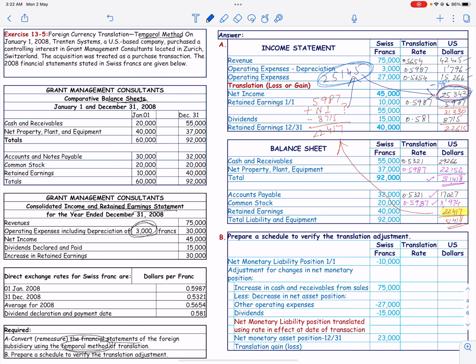So this is a loss, and this will be subtracted, and when we subtract this value, our retained earnings will not be 22,615 now, this will be 22,417.